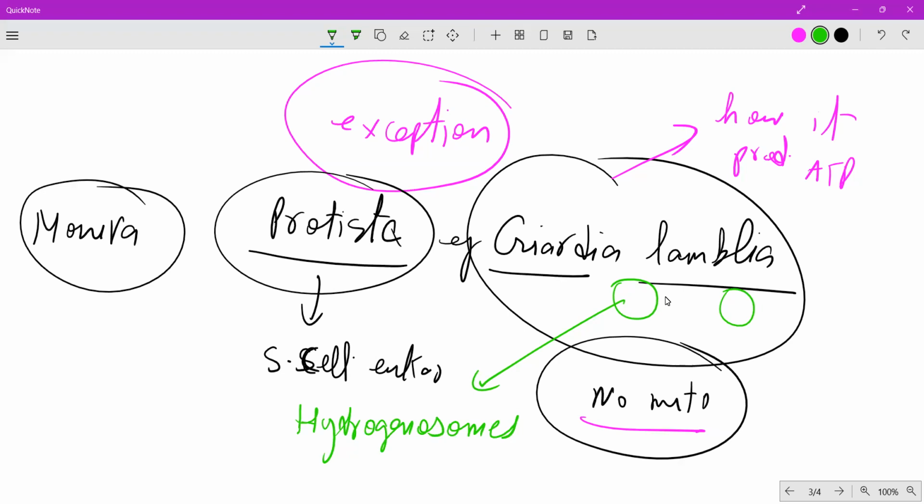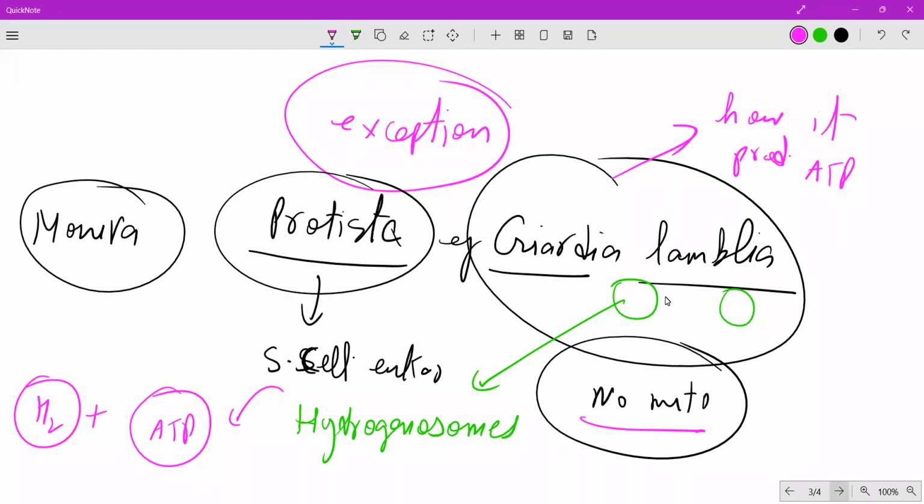We know these hydrogenosomes can also produce ATP, but along with ATP, they also liberate hydrogen. That is why we call them hydrogenosomes. So even if they do not have mitochondria, they have hydrogenosomes, which can also produce ATP.